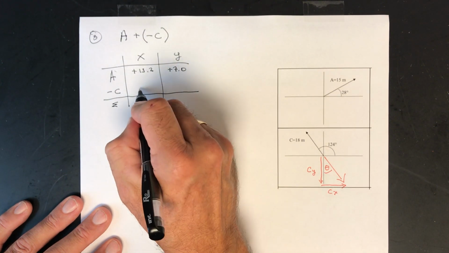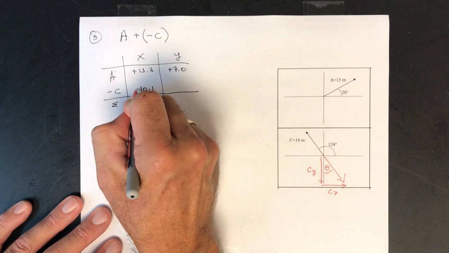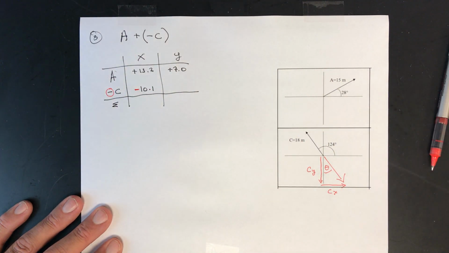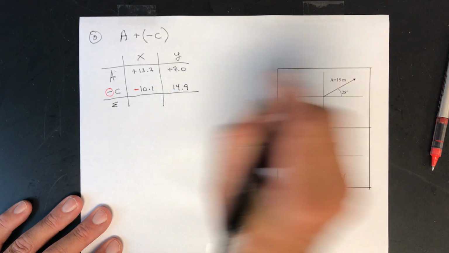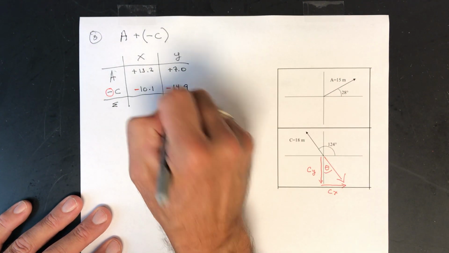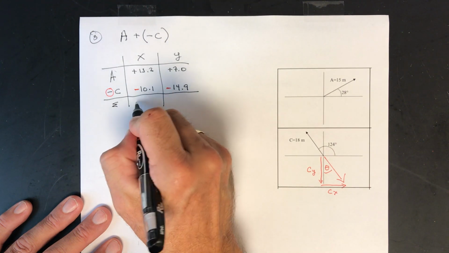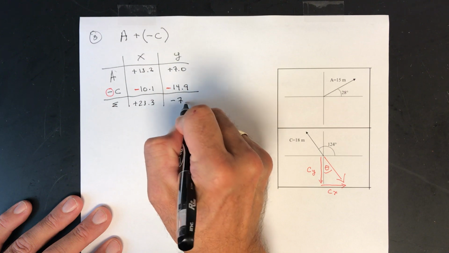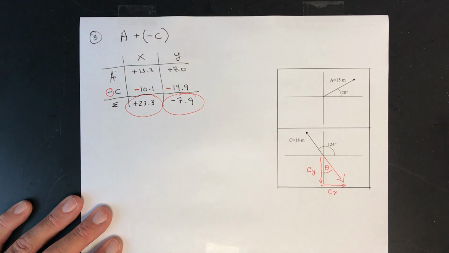And CX was 10.1, but now it's going to be negative 10.1. And before we had 14.9, so now we have negative 14.9 because it's the opposite direction. So if we take those numbers and add them up, we'll end up with positive 23.3 and negative 7.9. So these are the components of the resultant.